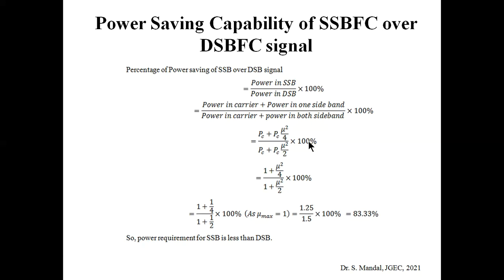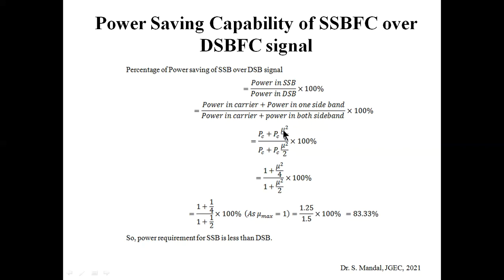Okay, so if you are considering the SSBFC, that means there is some kind of carrier present there. So what can be written is that power in SSB is nothing but power in carrier plus power in one sideband, and power in DSB is nothing but power in carrier plus power in both sidebands. So by using the simple formula, we can write for SSB, PC plus PC into mu square by 4. We are considering only one sideband.